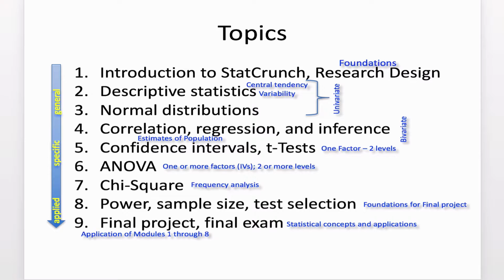We're going to cover confidence intervals, which are estimates of population parameters. And then the t-test, the dependent t and the independent t. These are one-factor tests with two levels. For example, what is the difference between female and male pilots on GPA or some other kind of dependent measure?